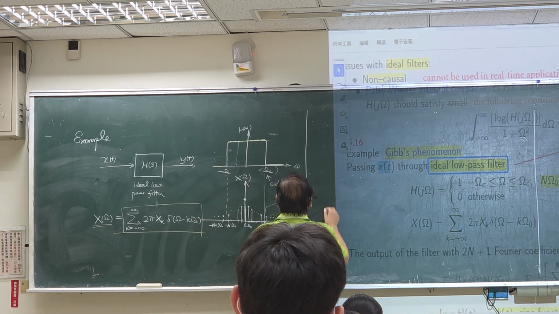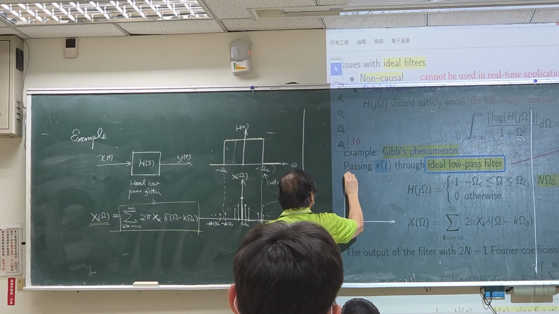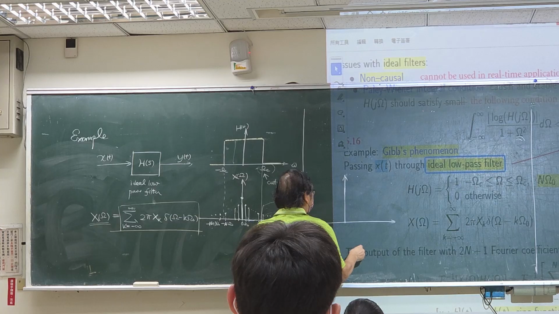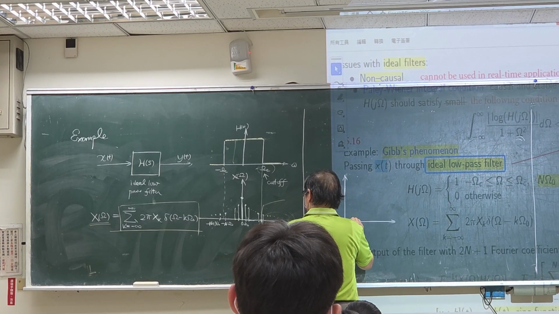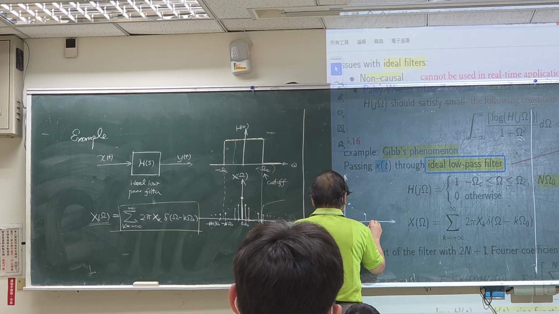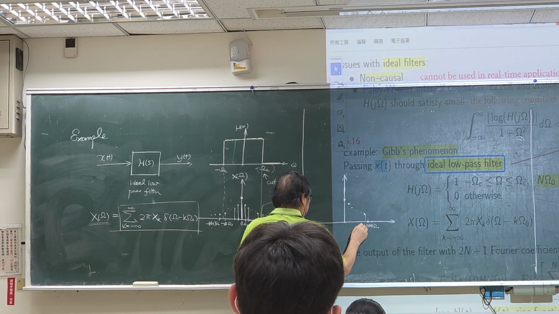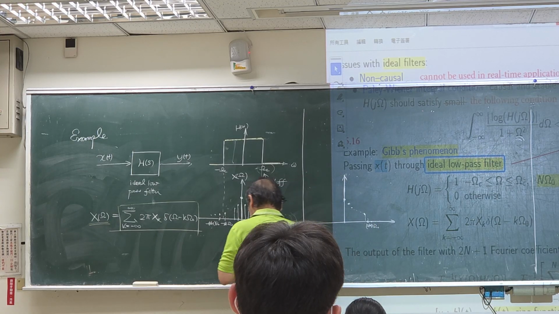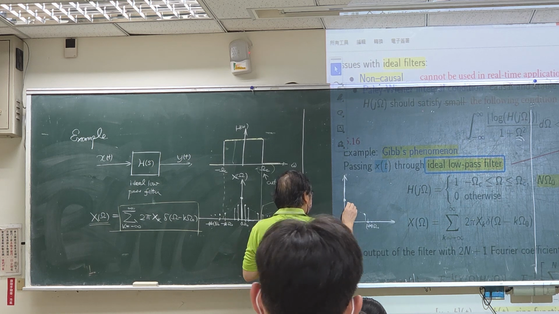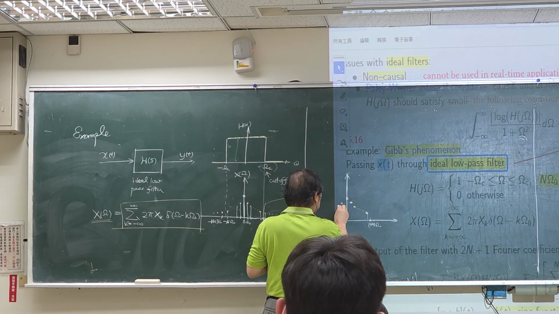If I draw the spectrum, this will be N plus 1 omega 0, and nothing here. See right here.